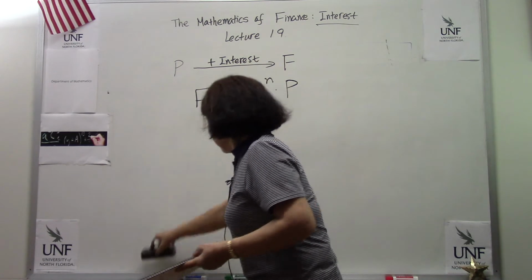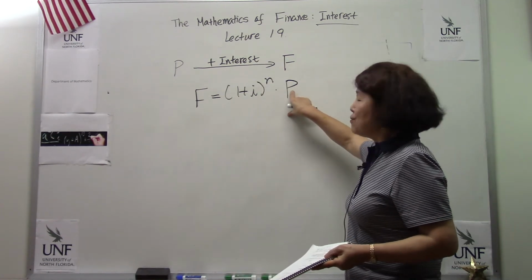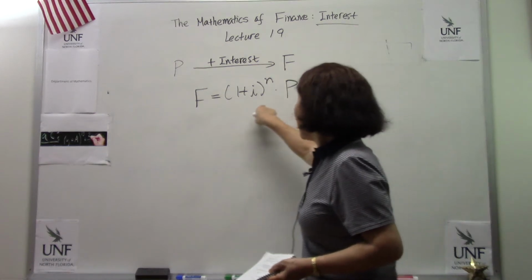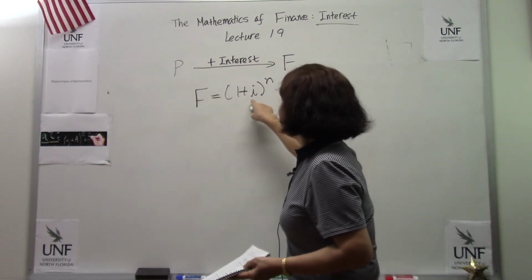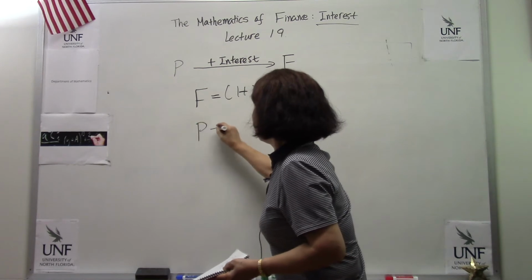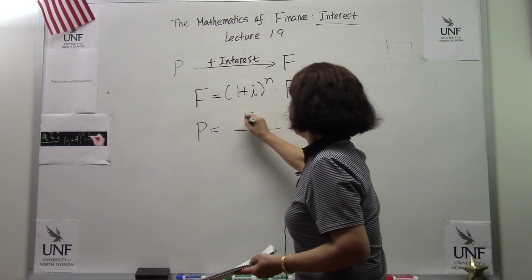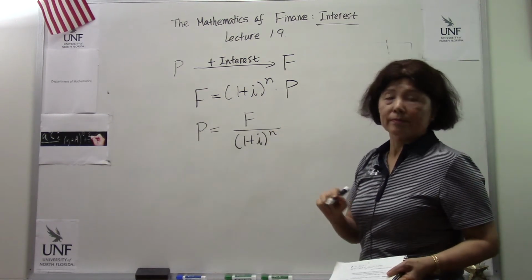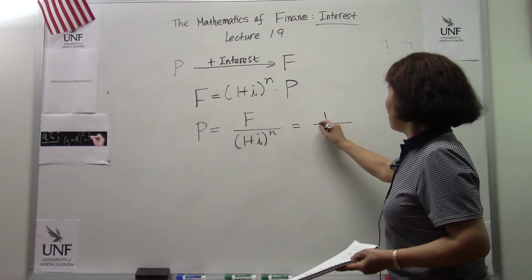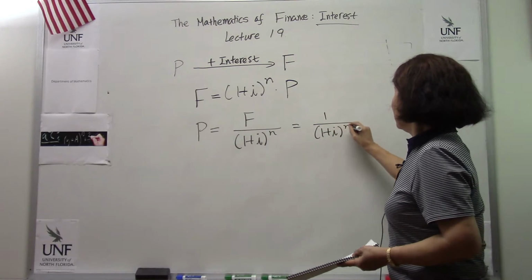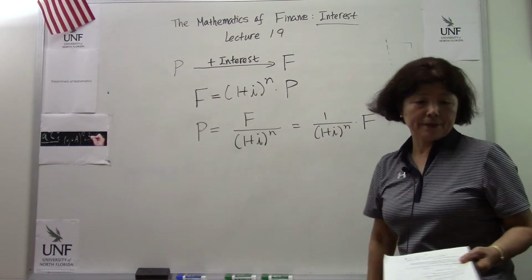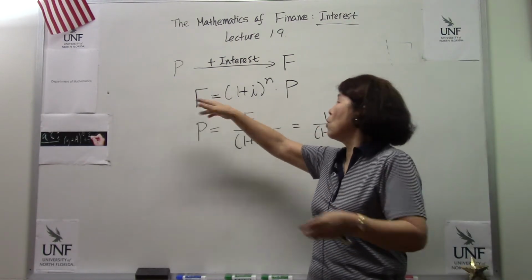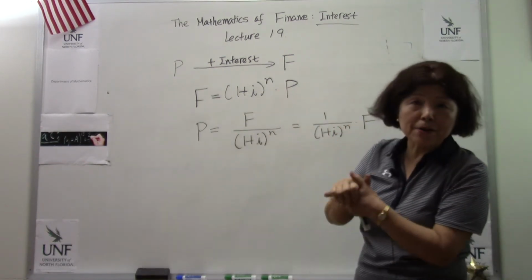And sometimes you want to compute the present value. So how are you going to find the present value? We divide both sides by 1 plus I to the n. So in short, P equals F divided by 1 plus I to the n. Of course you can say 1 over 1 plus I to the n times F. When you compute the future value, it is always more than the present value, right?